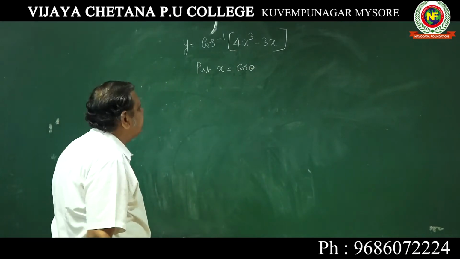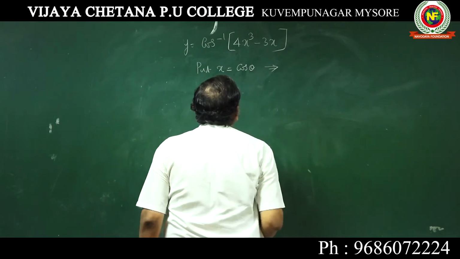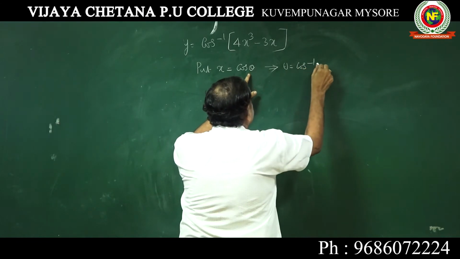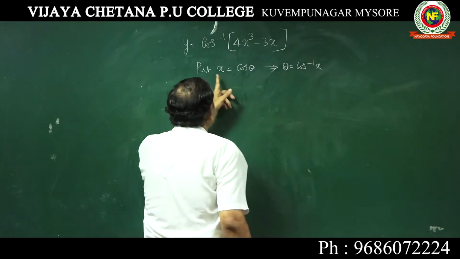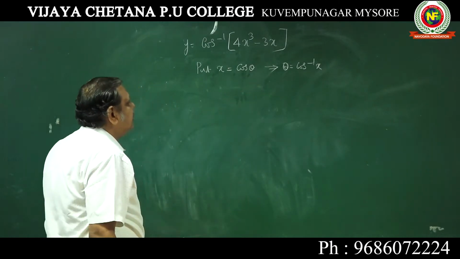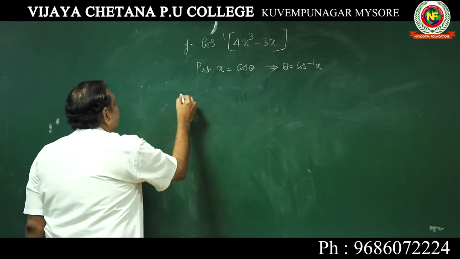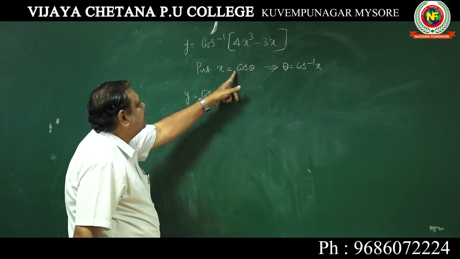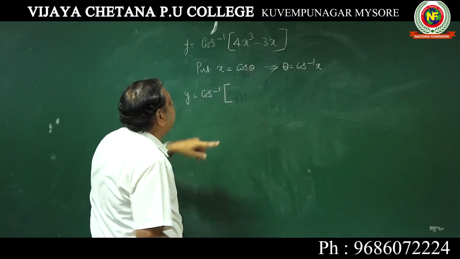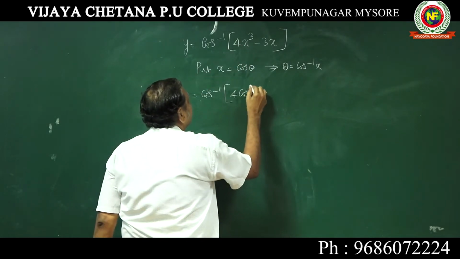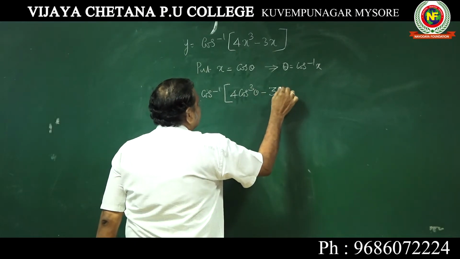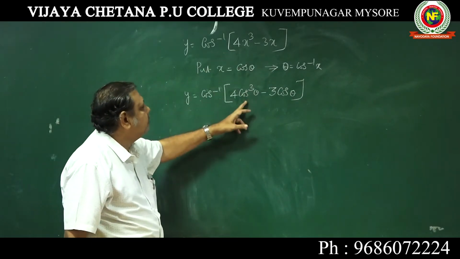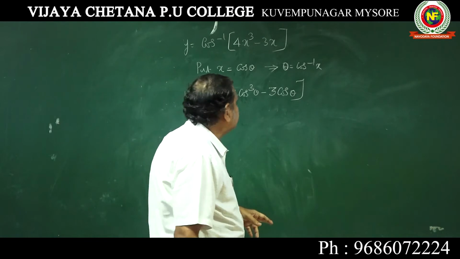Put x equal to cos theta, and this implies theta is equal to cos inverse x. Now your y will become cos inverse of 4 cos cube theta minus 3 cos theta, substituting x as cos theta.